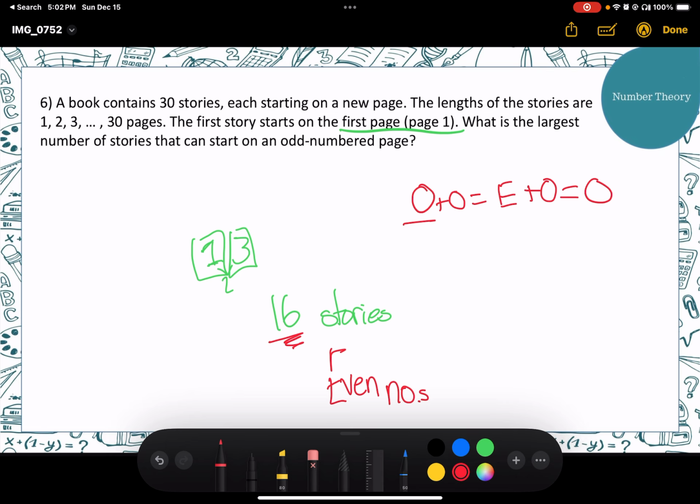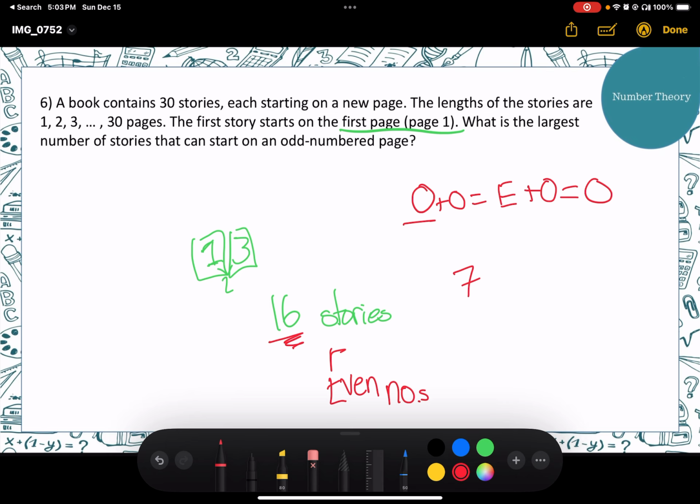Okay, but basically, what we can do is the 16th story. Well, actually, no, the 17th. No, yeah, the 16th. The 16th story starts on an odd. So now we have those 15 numbers, right? But only 7 of them are actually gonna make it start on an odd number, and here's why. Since the 16th story starts on an odd, the first odd is gonna make it an even.